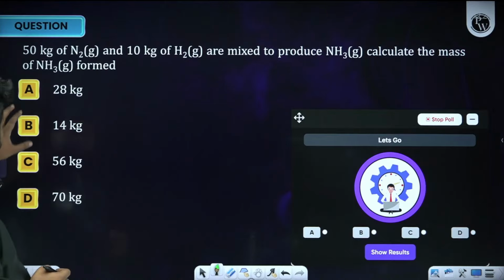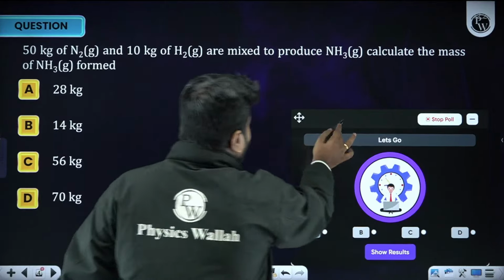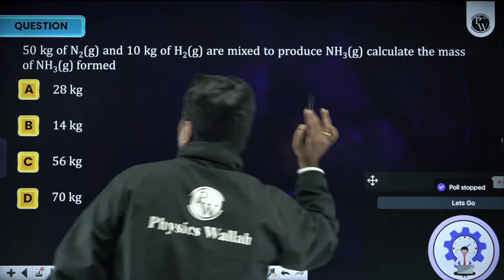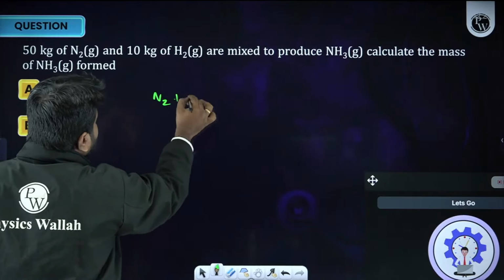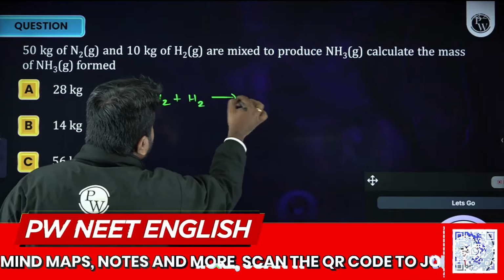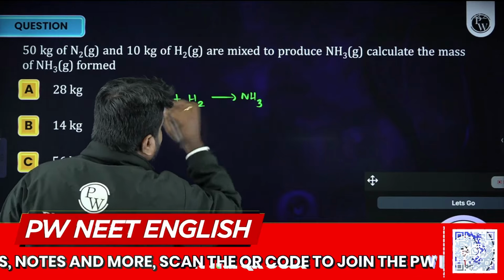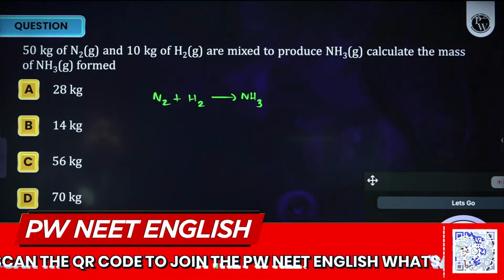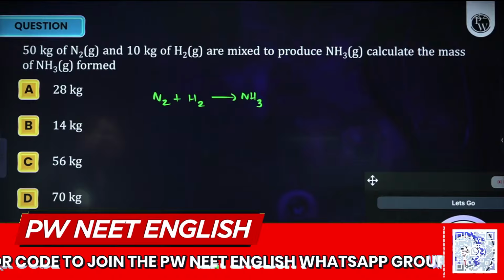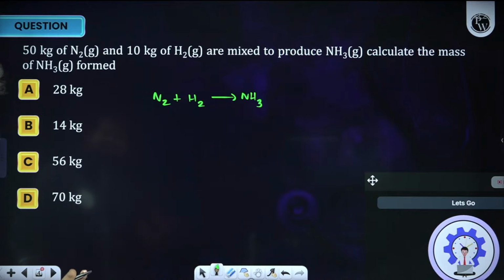Listen carefully. What is the concept exactly we are dealing with here? N2 plus H2 gives NH3 gas. What did they tell? 50 kg of N2 and 10 kg of H2 are mixed to produce NH3.